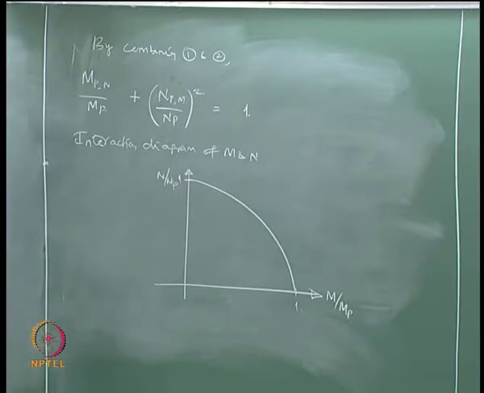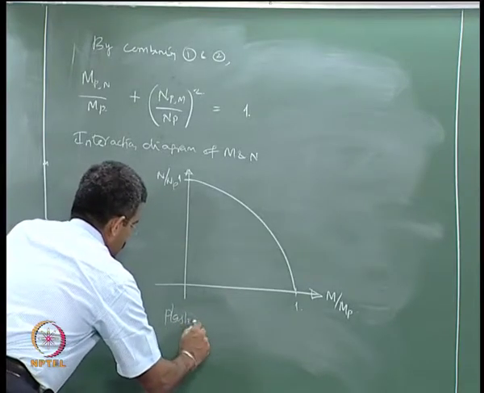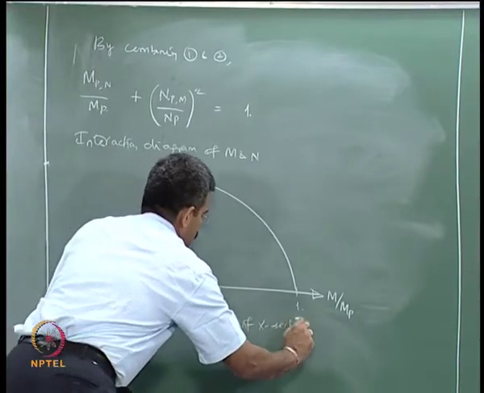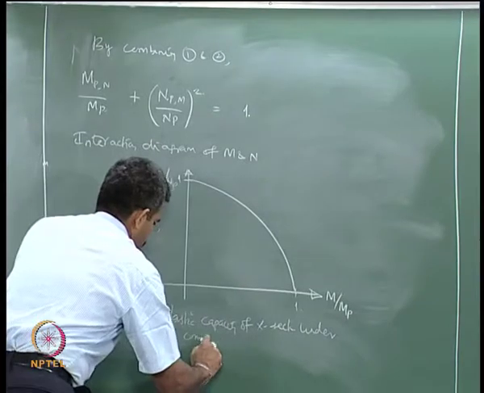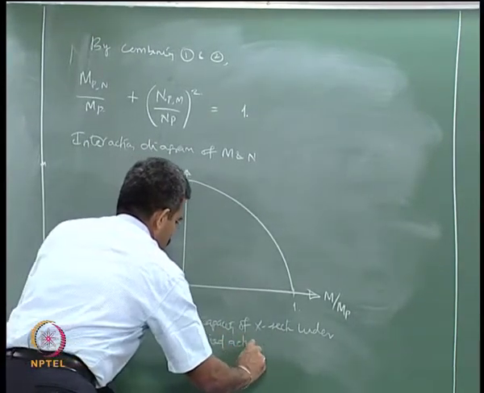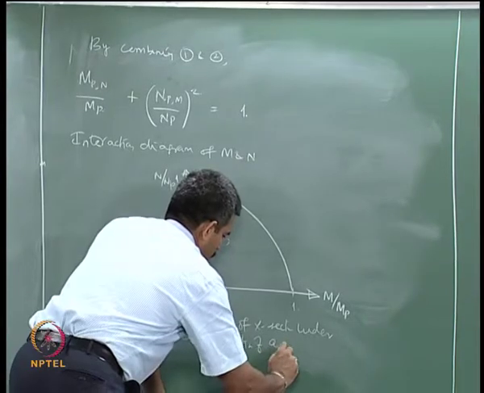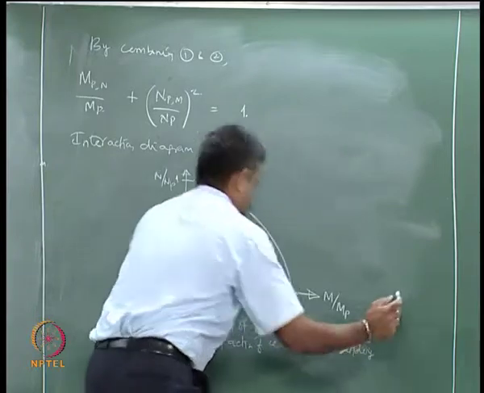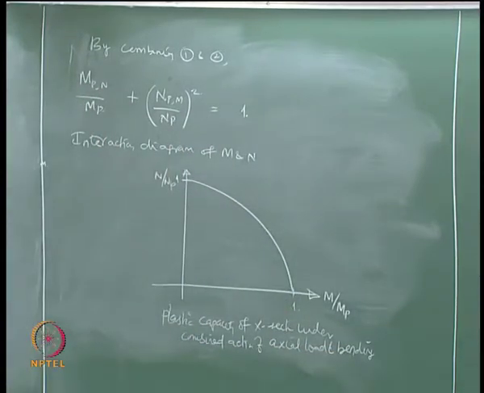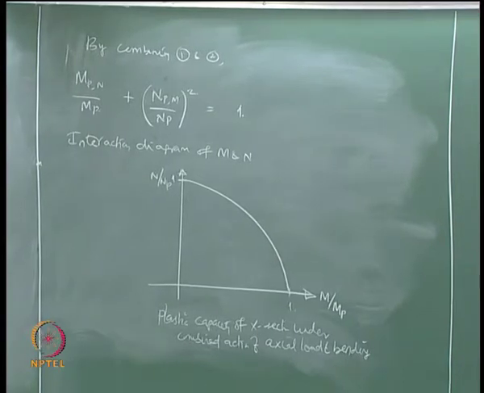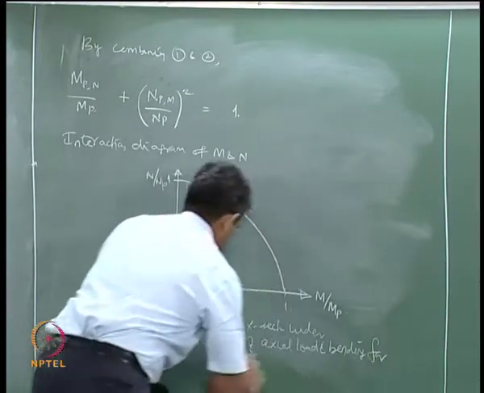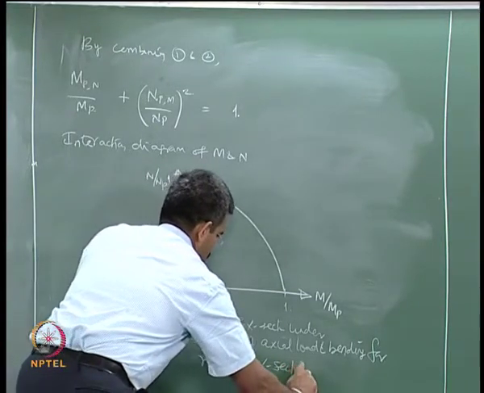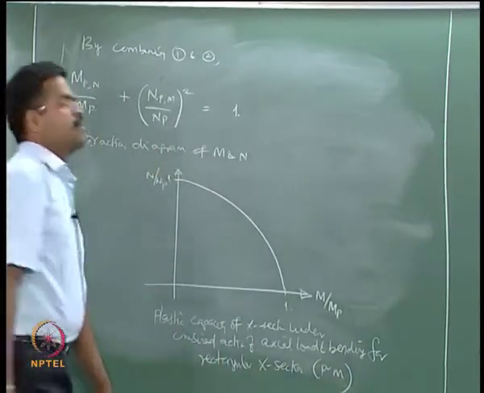So, I should say plastic capacity of the cross section under combined action of axial load and bending for a rectangular section, which we famously call the PM interaction diagram.